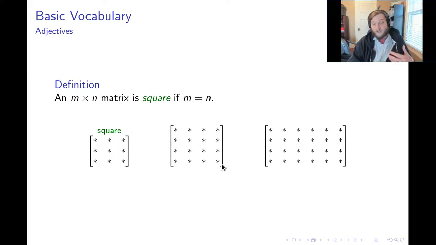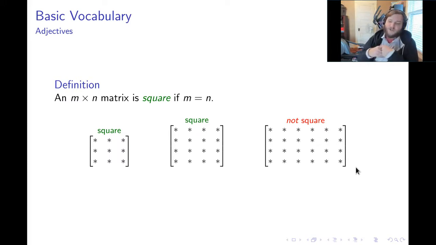So again, it's appropriate to call this matrix square. However, in our example on the right, we can count the number of rows, which looks like 4, and the number of columns, which looks like 6. So the number of rows is not the same as the number of columns, so this matrix is not square. This is just one way to taxonomize matrices. Some matrices are square, some matrices aren't square.